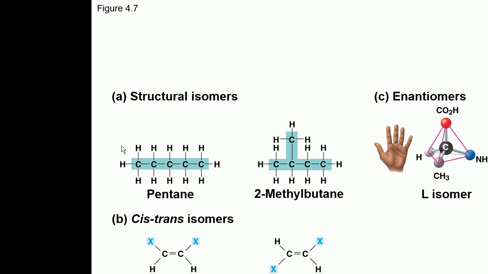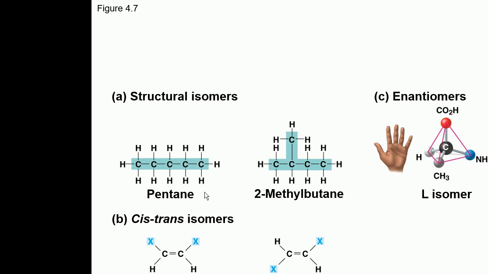These are cis and trans isomers. These are compounds which have double bonds, and if some functional group is on the same side, like you can see, this is some group of atoms, if both of these are on the same side, then this is a cis isomer. But if they are on opposite sides of the double bond, then they're called trans isomers.